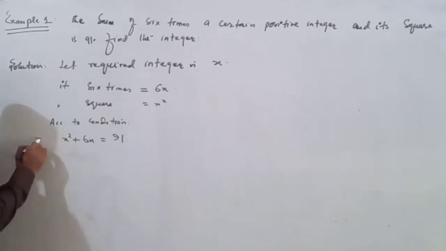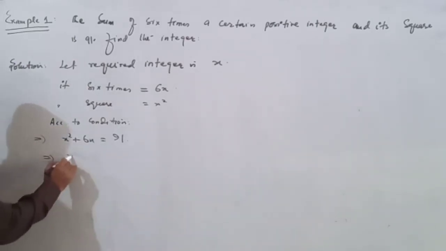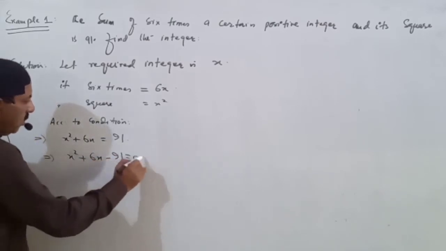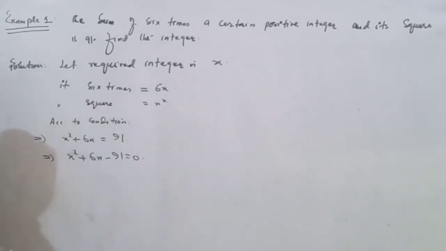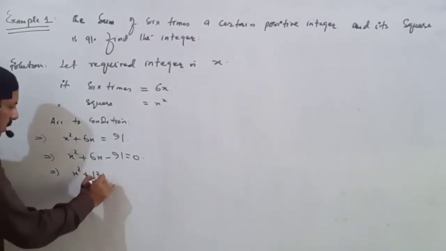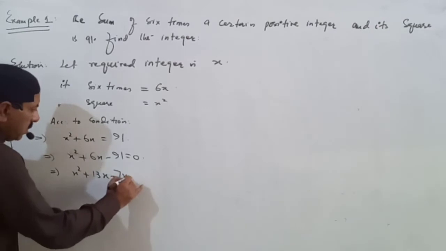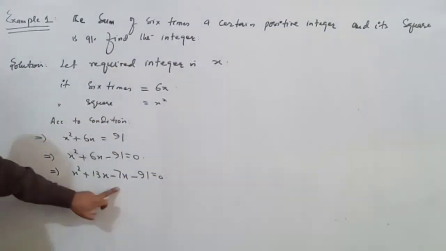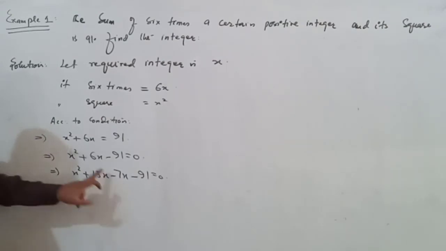So here it's a quadratic equation. x square plus 6x minus 91 is equal to 0. So this will be x square plus 13x minus 7x minus 91 is equal to 0, since 13 times 7 is 91 and 13 minus 7 is 6.